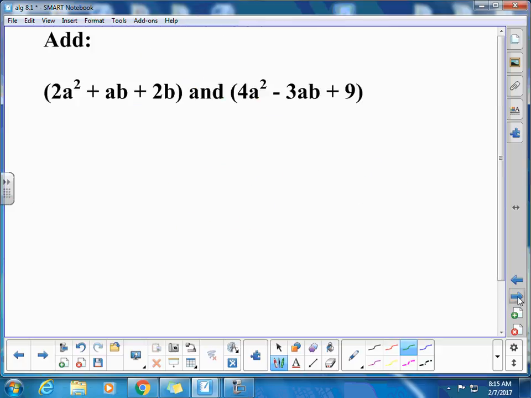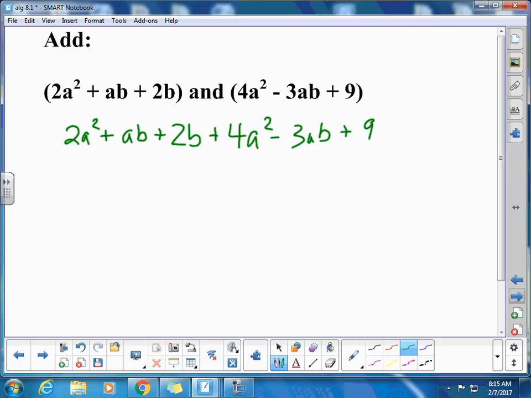So adding, again, first we'll do it horizontally. So 2a squared plus ab plus 2b plus 4a squared minus 3ab plus 9. So let's see, a squareds, 2a squared, 4a squared.